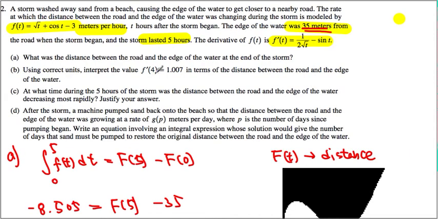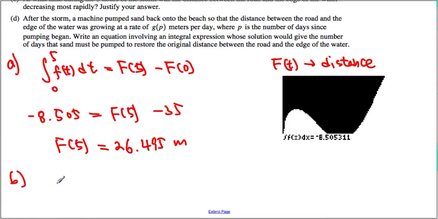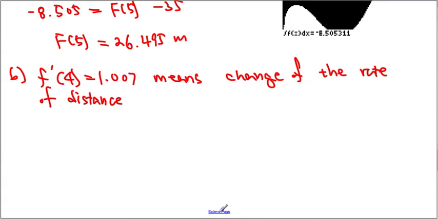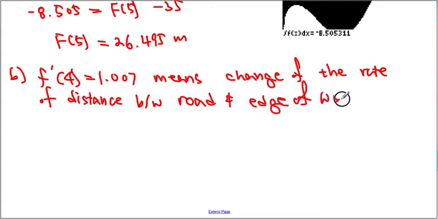Now let us look at part B. We need to interpret the value of f prime of 4, which is equal to 1.007, in terms of the distance. It means the rate of change of the distance between the road and the edge of the water is 1.007.